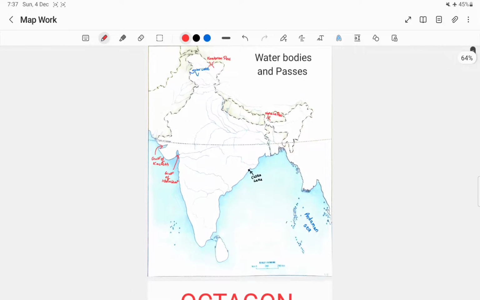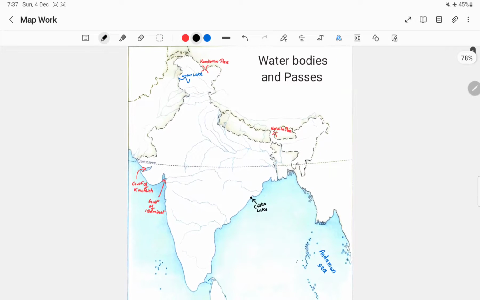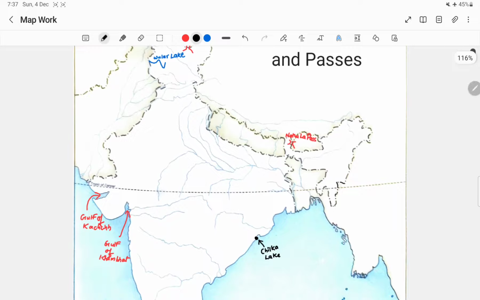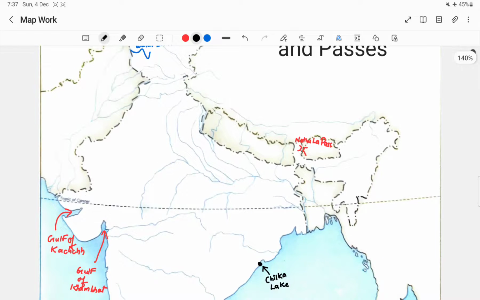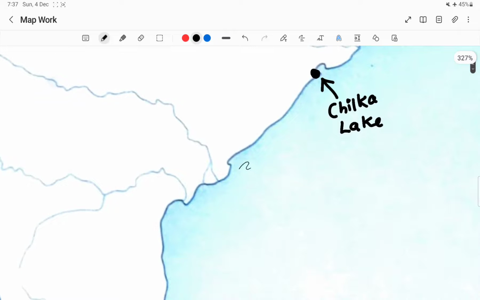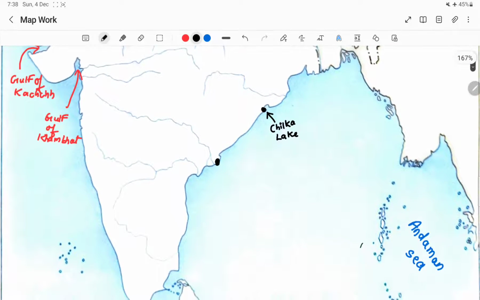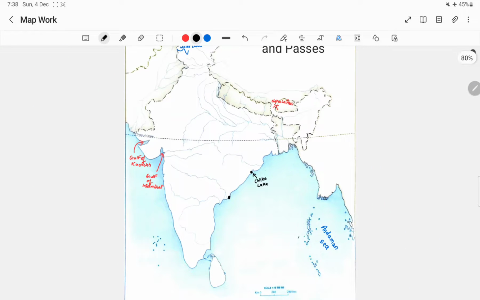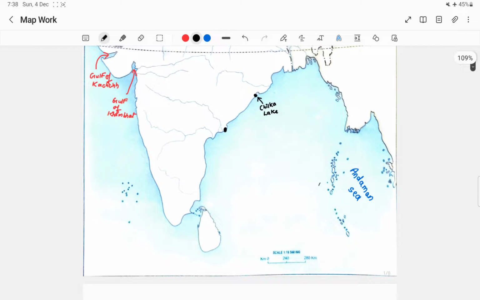For marking the standard meridian, let me give you some tricks. First of all, you have to use this particular kink over here, this point. As you know, we need at least 2 points for making a line. That's a mathematical concept. So for this also, you will need only 2 points.